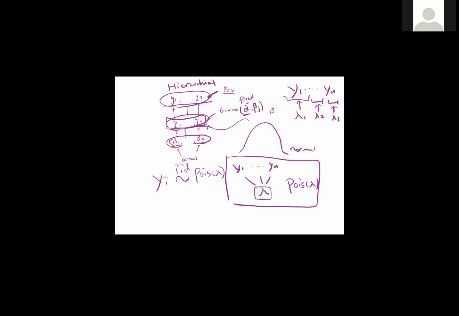So for the hierarchical model over here, because it's counts, you might want to do a Poisson, but you shouldn't do a Poisson with the same lambda, because that says all of the rates are from the same Poisson distribution with the same rate parameter. Just like we won't put in the same normal in this case.